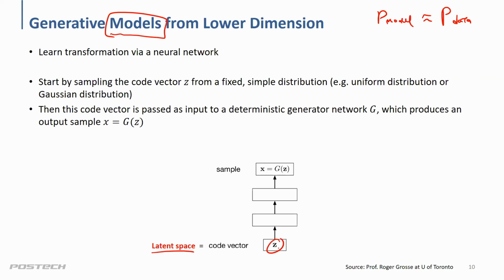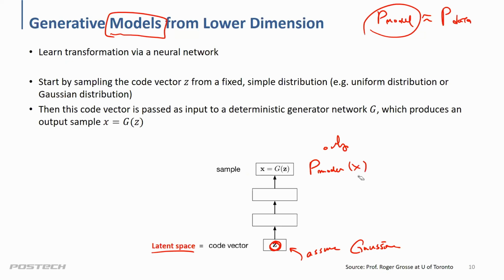The simplest case is, say, suppose we have 1 neuron, and we're going to assume that its latent space is Gaussian. But in the output, this will be the P model of X, or in this case Z. It should be the same as P data.